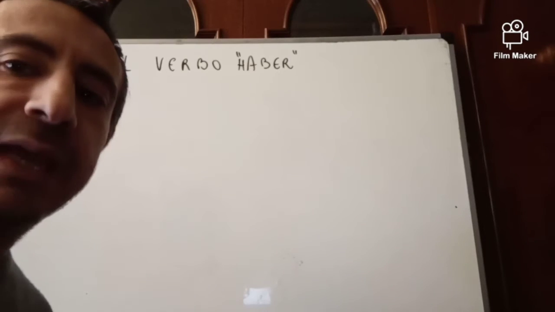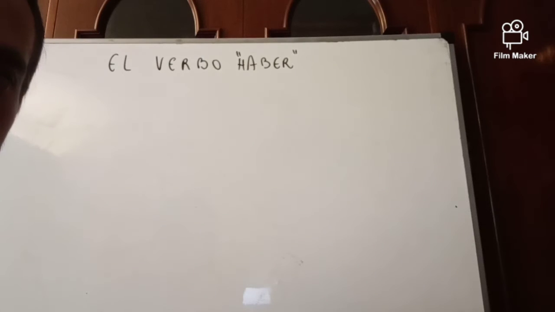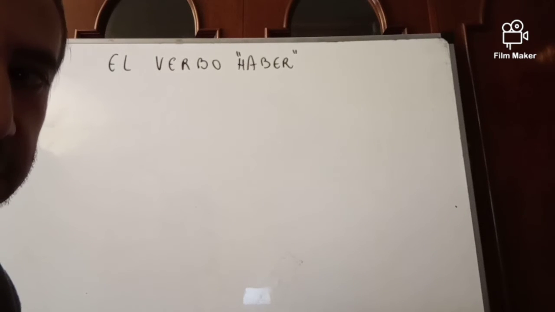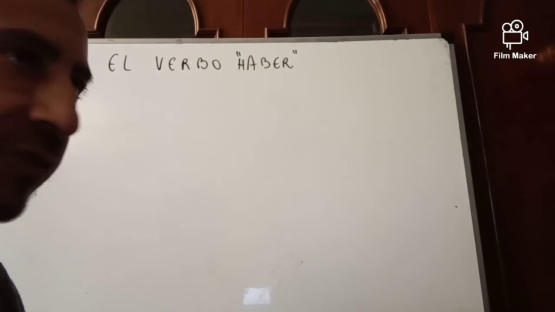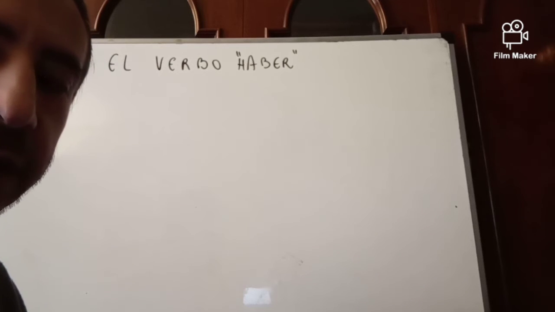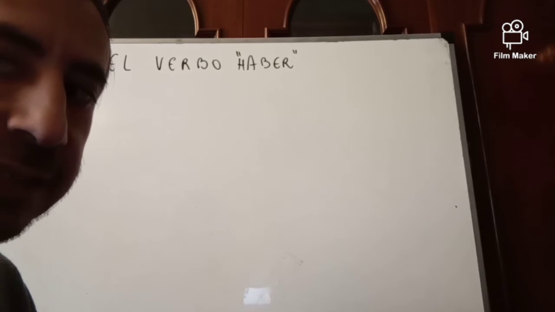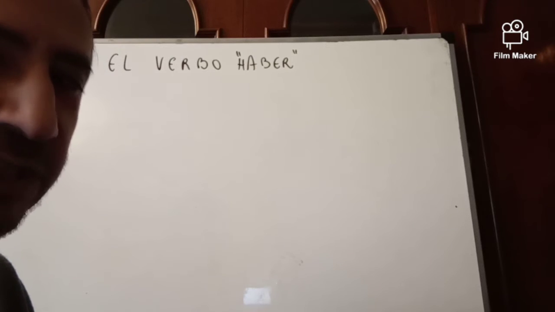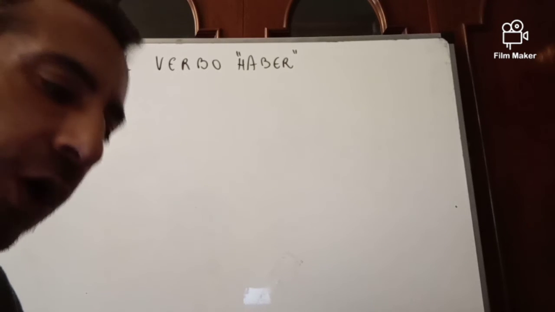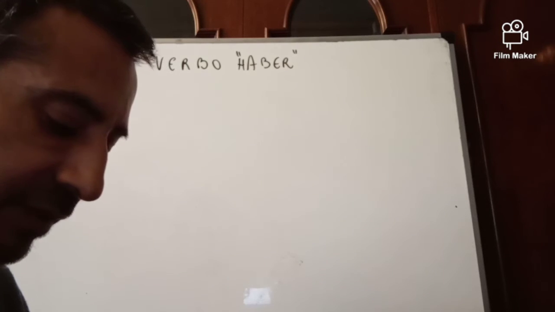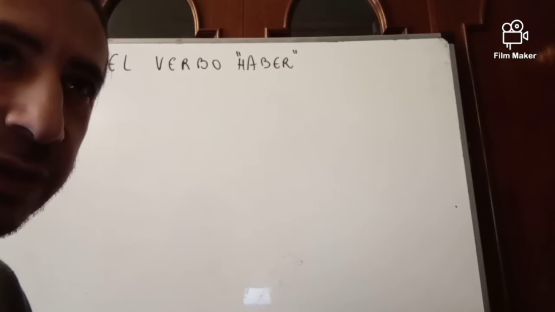Let's see. In this video, we are going to see el verbo haber, but we are going to see one of its meanings. That is that of there is, there are, there was, there were, etc. To indicate the existence of something. This verb in Spanish, haber, is also the auxiliary verb that in English is to have.